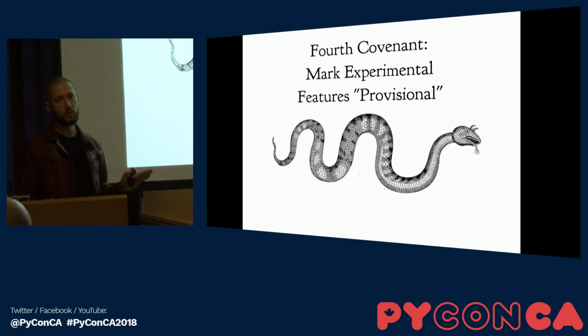If we're not sure that a creature wants a feature, we can mark it experimental. So if we think that a snake would like horns and a quadruple forked tongue, but we haven't actually asked it, we can just offer these features provisionally. If it says, after all, I didn't want the horns, but the tongue's great, you can delete one and mark the other official in the next release.